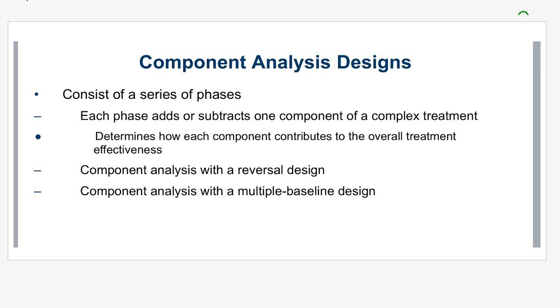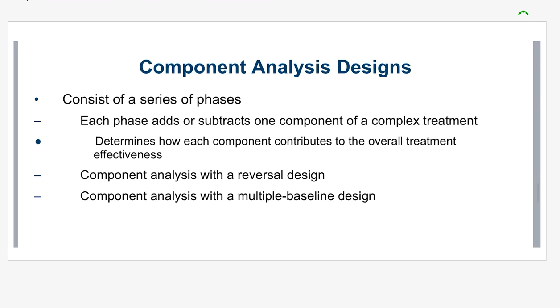And so if you did component analysis with a reversal design, you could do the baseline phase, and then the first component of the therapy or treatment, the second component, the third component.